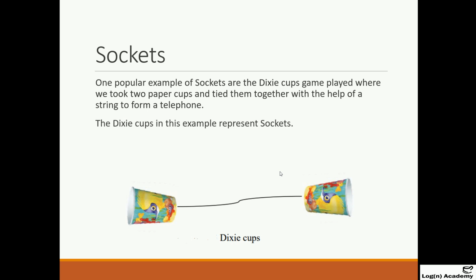Dixie cups in this example represent sockets, so it's an easy example to understand the sockets. The stream is a flowing sequence of characters that flow into or out of a process, right? So the voice that travels from one point to another, we can think of it as a stream, as a flow of sequence, right?